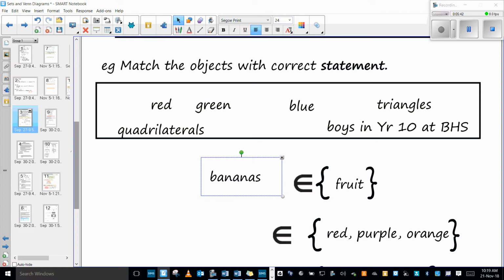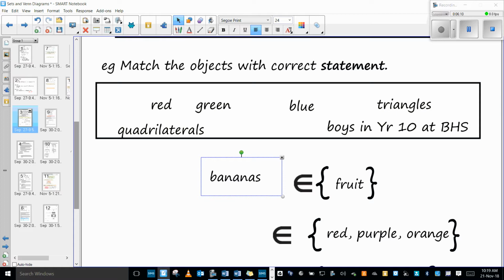Okay, here, so this was fruit in general, so it could have been any fruit. Here, they've listed our set as red, purple, and orange. So which thing in this box would be a member of red, purple, and orange? Jamie? Would all of them?